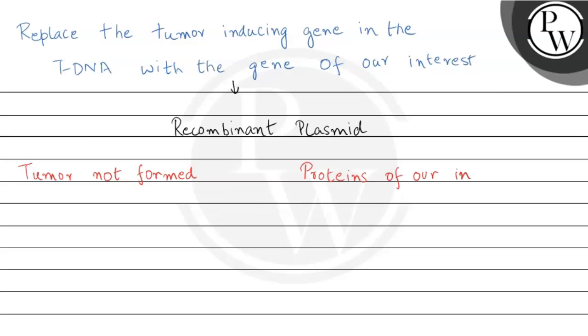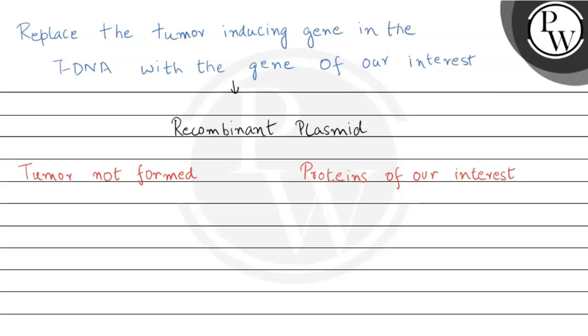So the gene of our interest will be incorporated into the plant cells because the tDNA is transferred from the Agrobacterium into the plant cells due to the presence of the virulence region in the Ti plasmid. And instead of causing tumors in the plant cells, the plants will now produce the proteins of our interest.